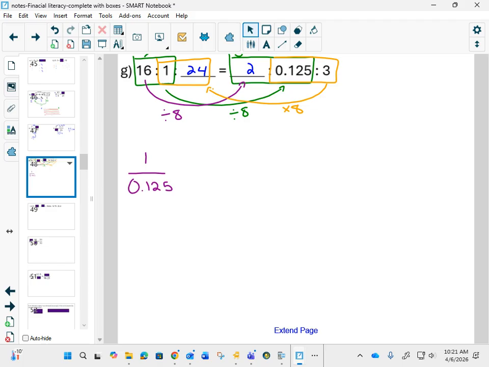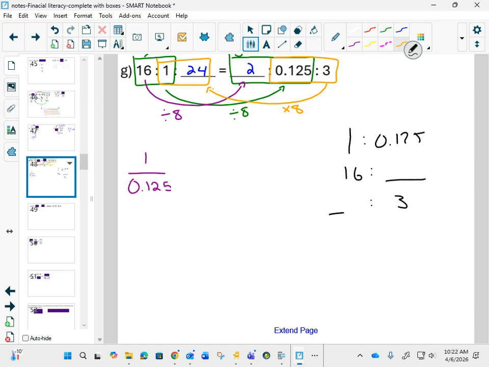But you broke them up into 2 and then 1. So you just saw the 1 and the 0.125 and said that's one thing. You basically said the 1 to 0.125 has to be the same as the 16 to the blank, which has to be the same as the 3 to the blank.